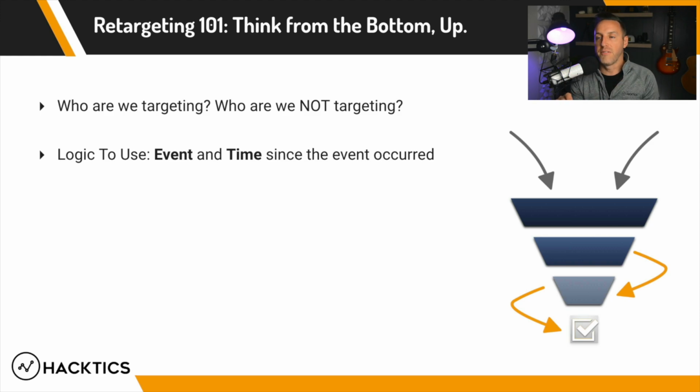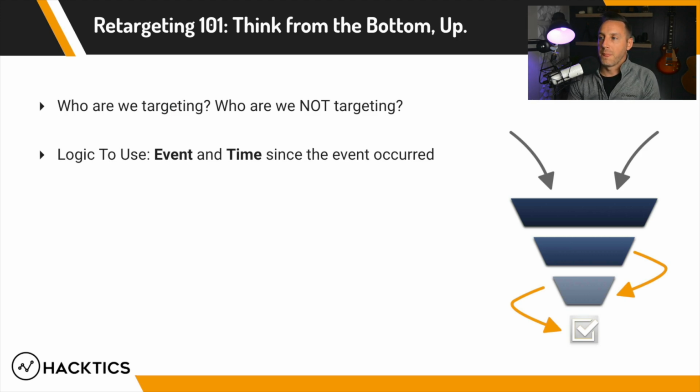But the main event that fires when somebody actually books a phone call is called invitee meeting scheduled. So what you could do is retarget the people with invitee time selected, but exclude those people who have actually booked a time. And so we're always thinking about who we are targeting and who we are not, because we're going to use two audiences in our retargeting: our segment of who we're targeting and our segment of who we are excluding from that.